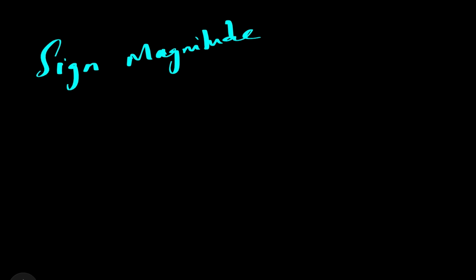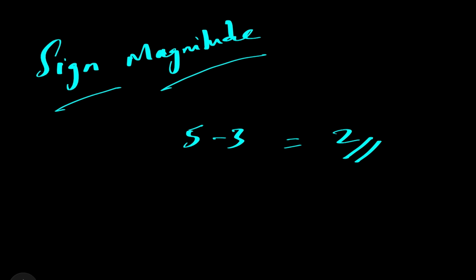Now we go for the most important thing, that is sign magnitude. It's quite important. What is sign magnitude? Suppose I'm saying, guys, 5 minus 3, whatever the stuff, the complements. You'll say it's going to be 2. You'll be applying the 9's complement or 10's complement.